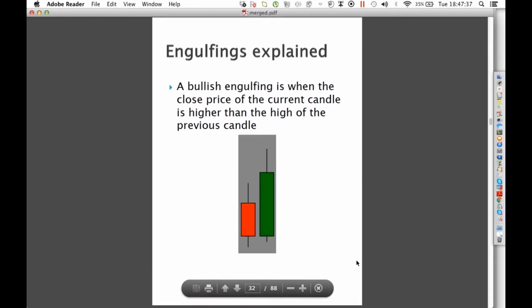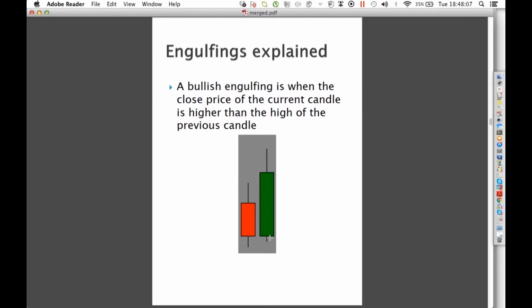All right. So the explanation of a bullish engulfing. A bullish engulfing is when the close price of the current candle is higher than the high of the previous candle. Like in this particular example, you can see this was the candle over here, and this was its high over here. And then the next candle closes.